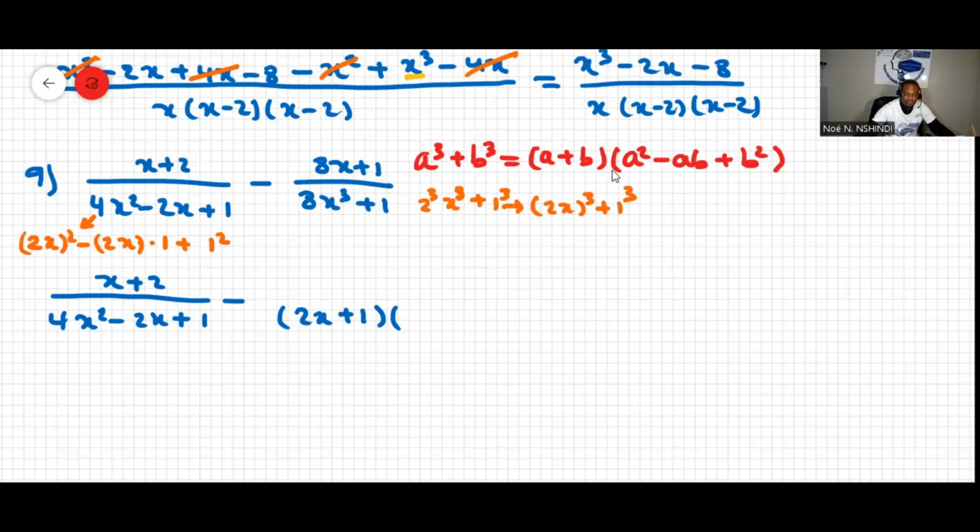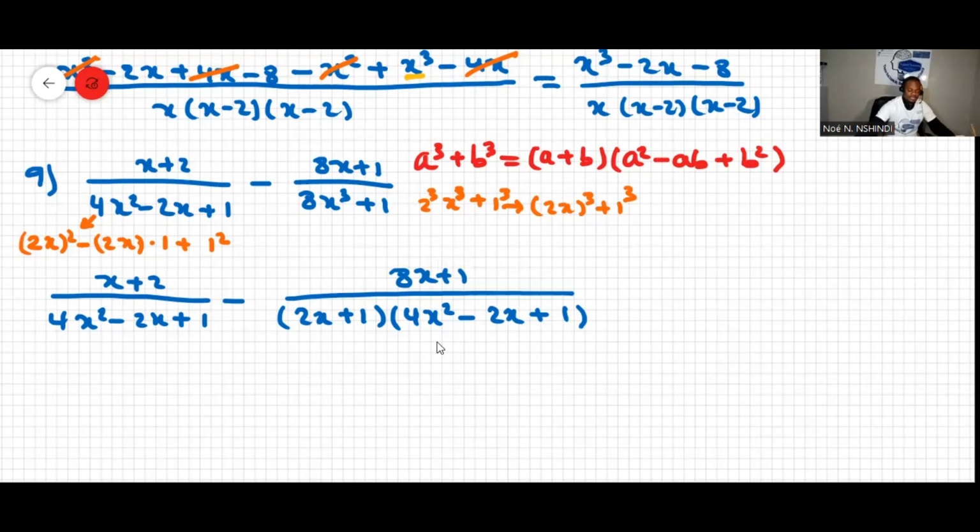So 2x to the power of 2, which is 4x squared, minus ab, so 2x times 1, just 2x, and then plus b squared, 1 squared is just 1. So as I say, this part is exactly as that one.